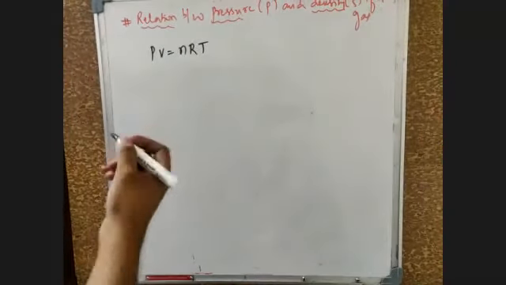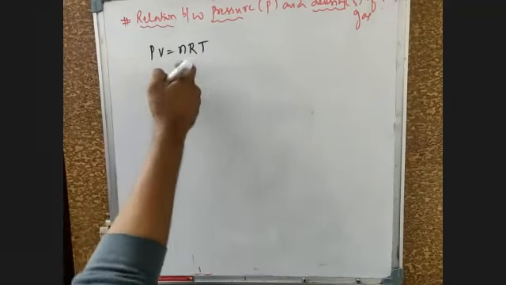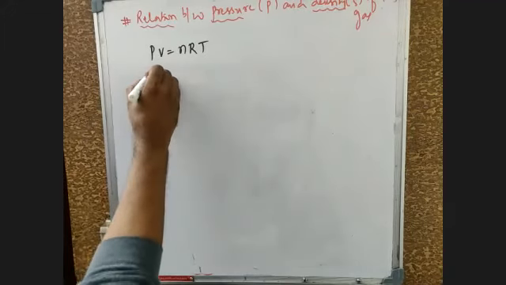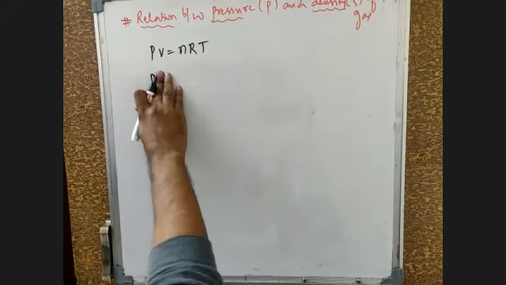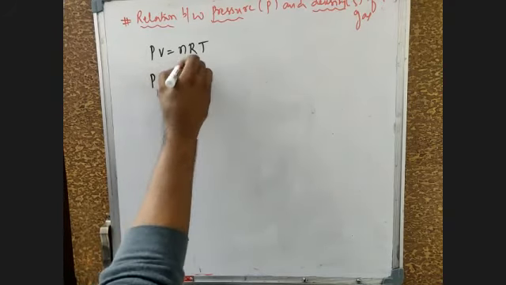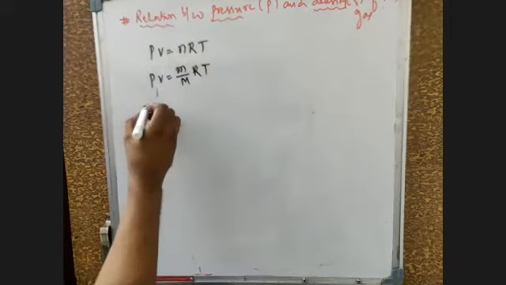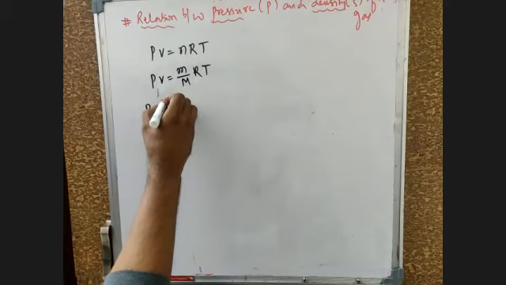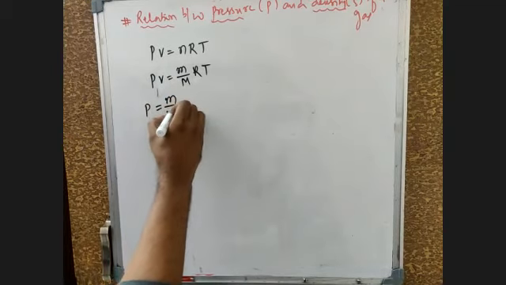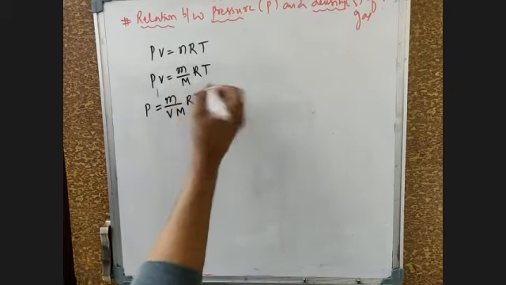Can I write n in terms of moles? n is equal to m by capital M. So P into V is equal to m by capital M into R into T. So P is equal to mass by volume into R into T by molecular weight.